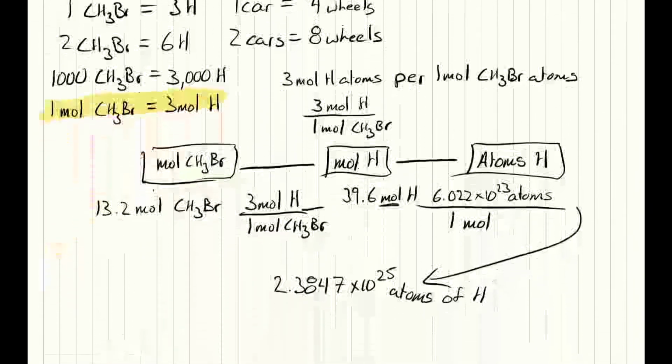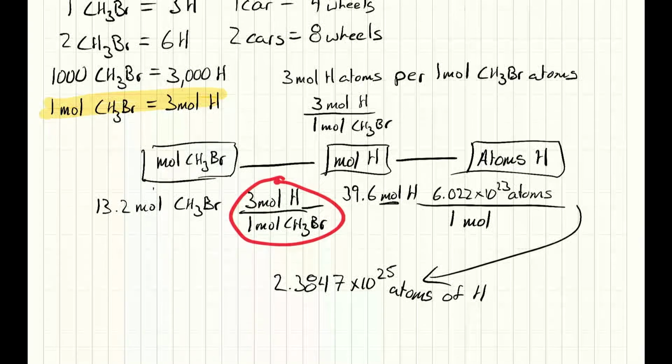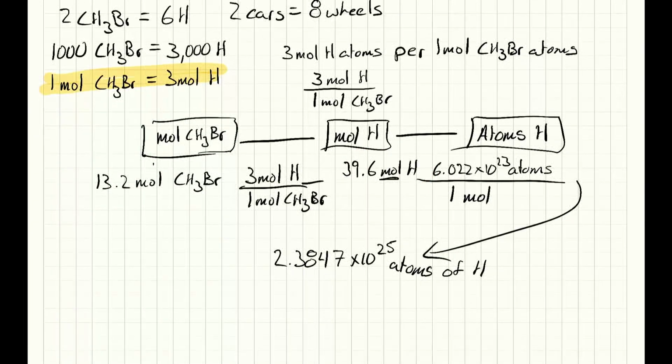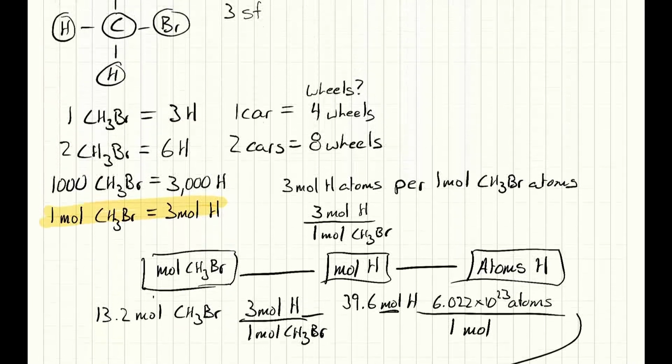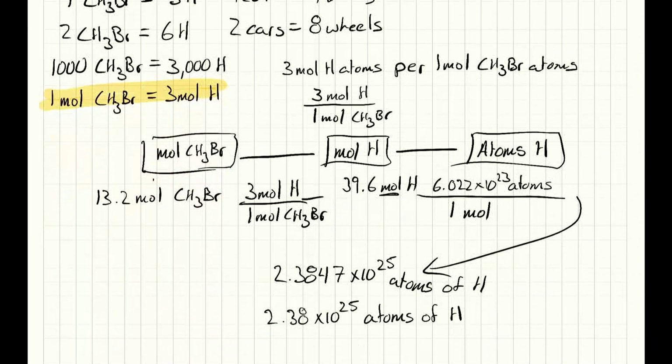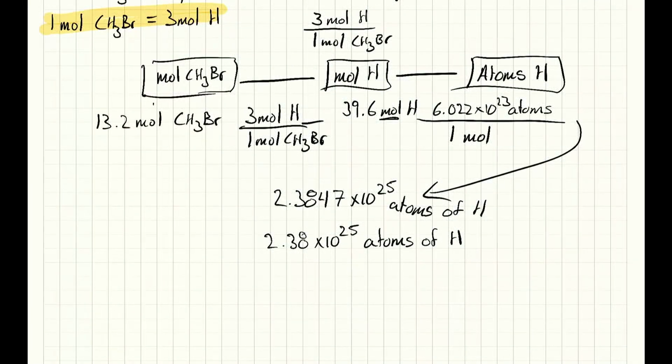Everything else that we've used up till this point is a conversion factor, this is just an intermediate step. So then we need 3 significant figures on our final answer for 2.38 times 10 to the 25 atoms of hydrogen. So that's number 3. Covered a lot of stuff in between there, but that's number 3.